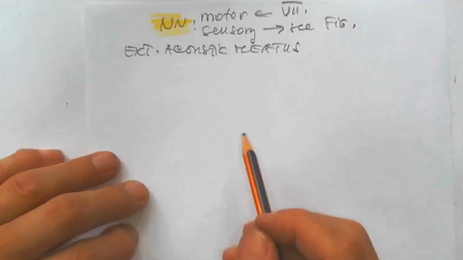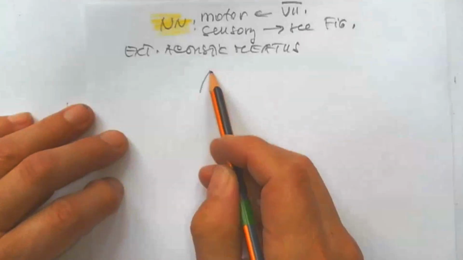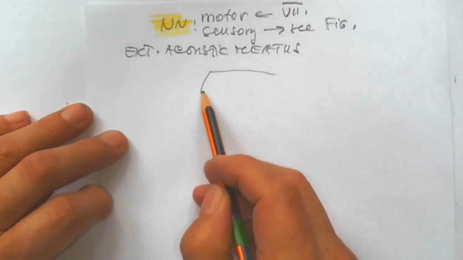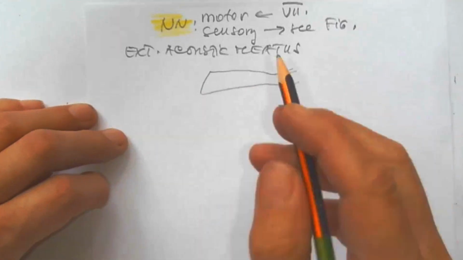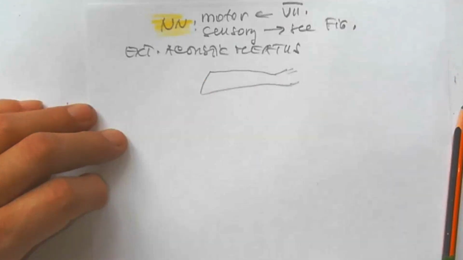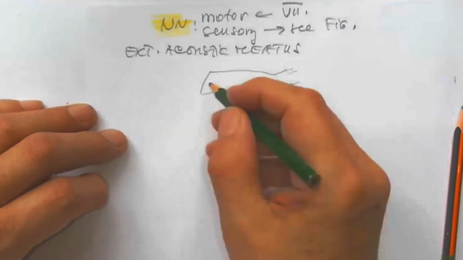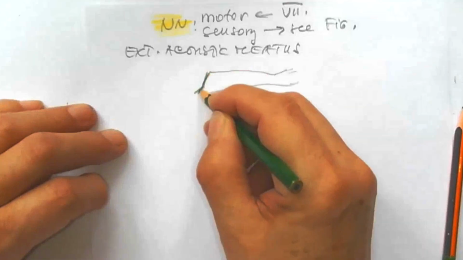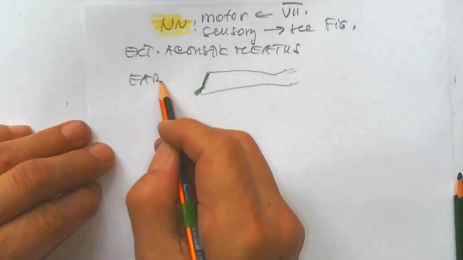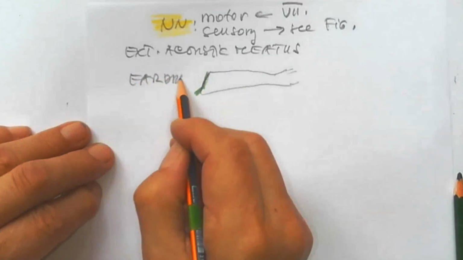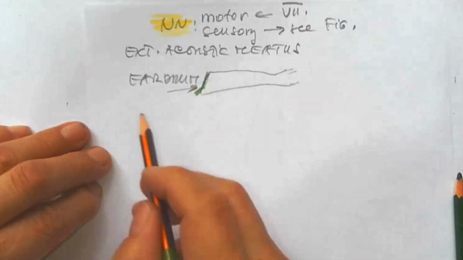Just we could say that, just sketching the position of external acoustic meatus, this will be like that. What we see using green is the position of the tympanic membrane. This is that membrane. So eardrum or tympanic membrane.